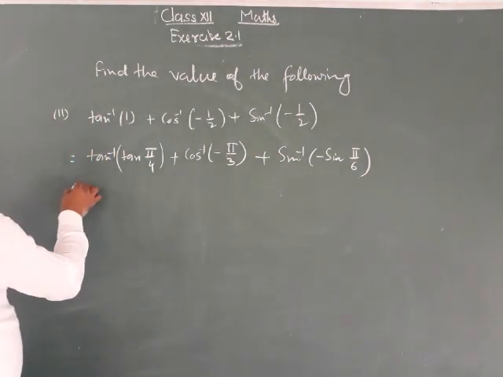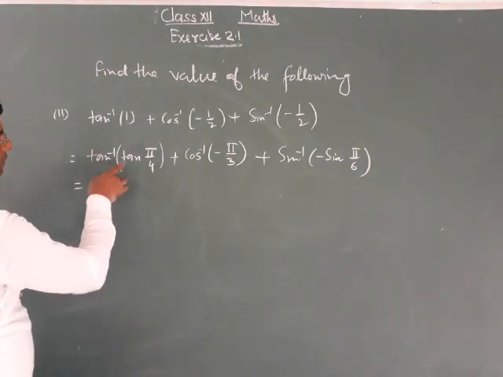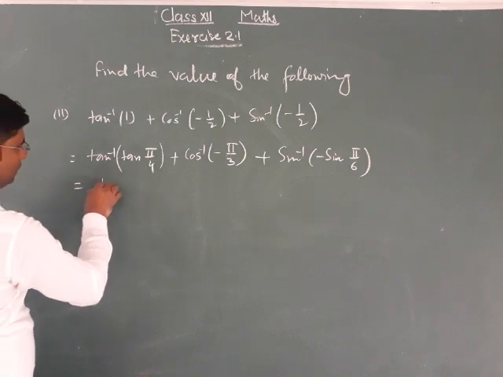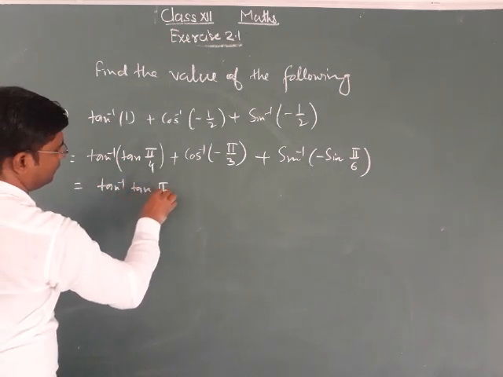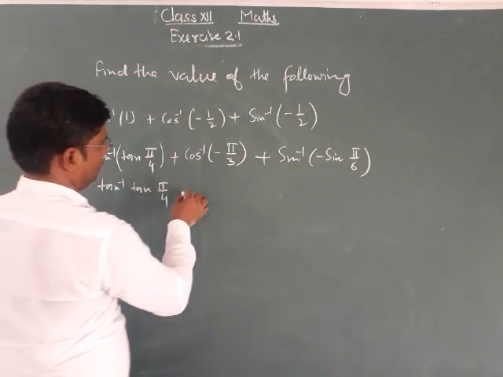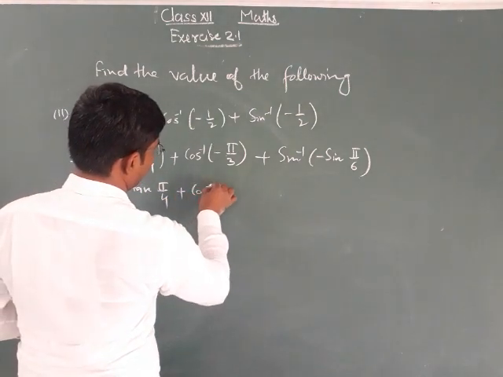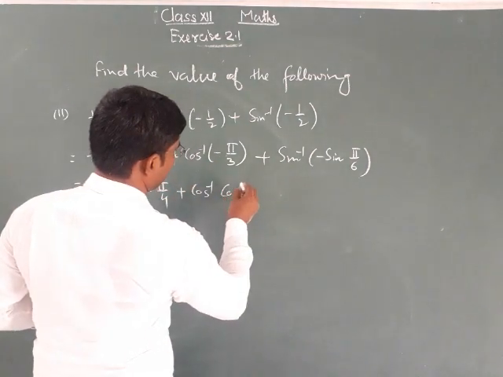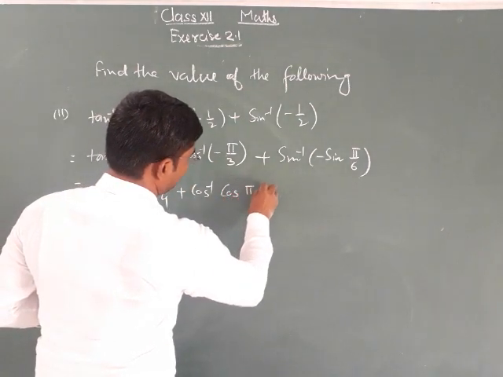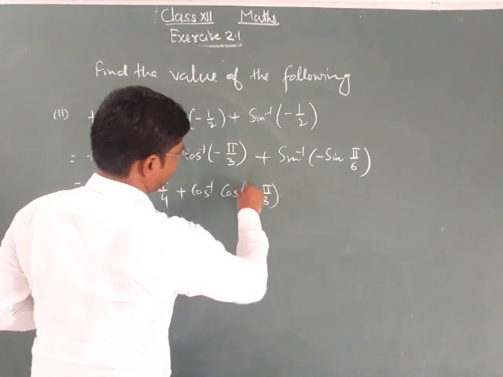So also tan inverse tan pi by 4, and plus cos inverse cos of pi minus pi by 3.